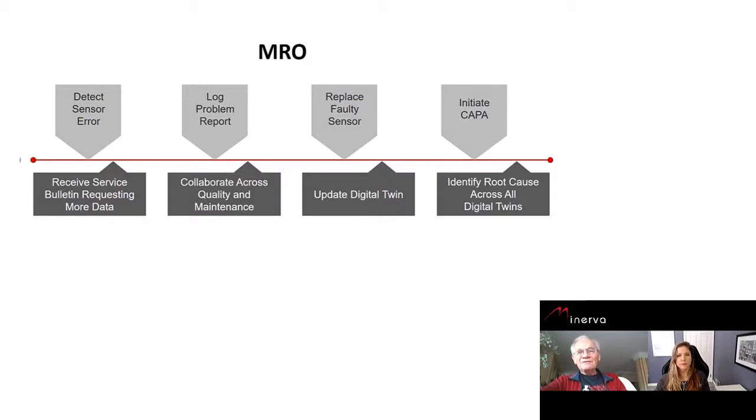Now we have the first thing, an error is coming up. We have to detect the error. Then we have to build a problem report. Maybe we have to build up some reports. Maybe we have some logistical problems to get spare parts or whatever.